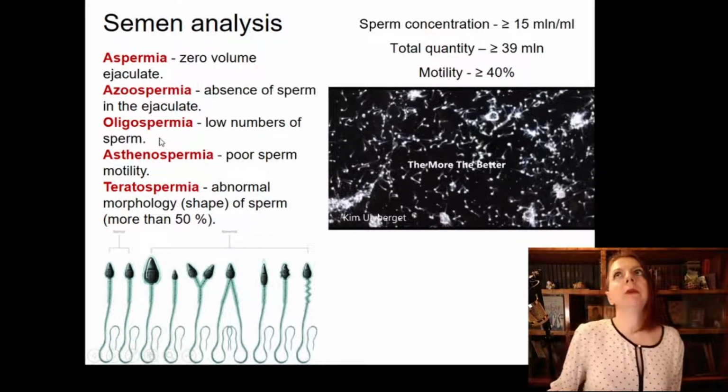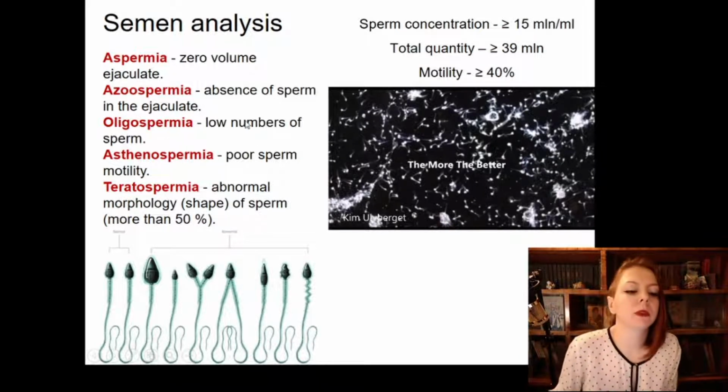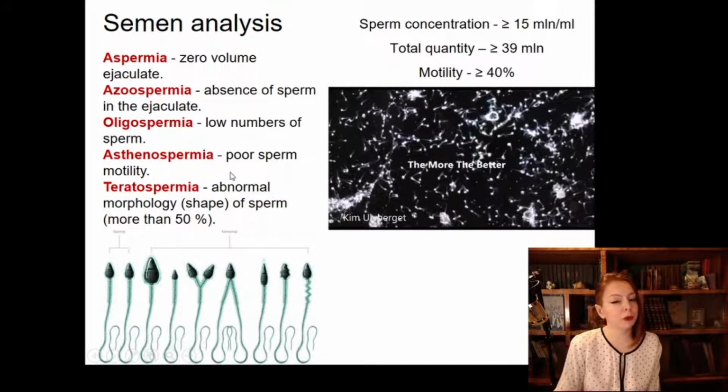Then maybe there are only a few spermatozoa there. Maybe there are a lot of spermatozoa, but they are immotile, or there are many abnormal spermatozoa in the sperm. So all those phenomena could be the reason for infertility, and that's what could be revealed with the semen analysis.